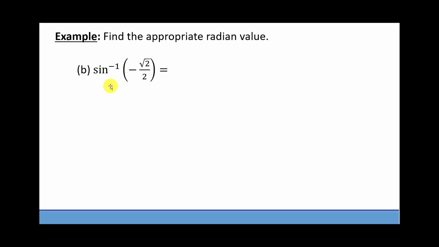This time we need to find sine inverse, and that's another notation for the inverse trigonometric function, of negative radical 2 over 2. We already talked about how we're going to have to find some angle measure, and that angle has to come from the specific interval that is associated with the inverse sine function.